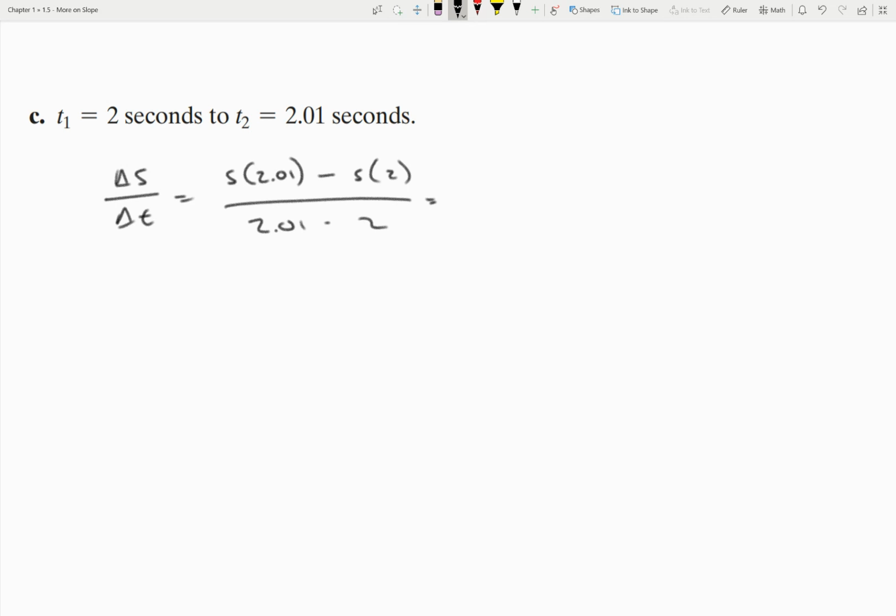And that gives us, calculate 2.01 squared times 5, gives me 20.2005 minus 20 over 0.01, which is about 20.05. And again, this is going to be feet per second.